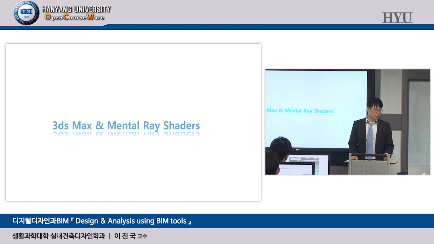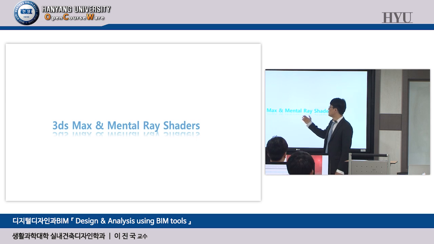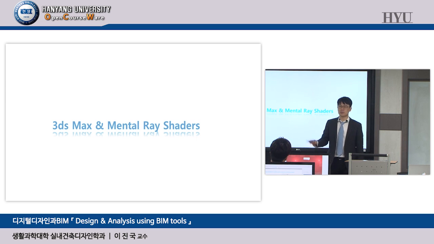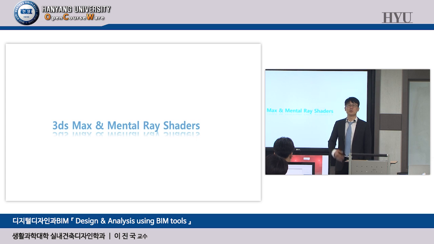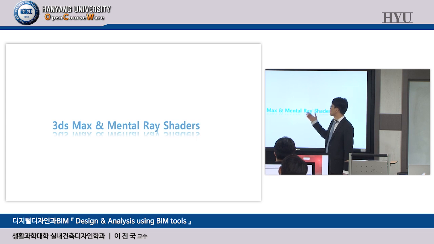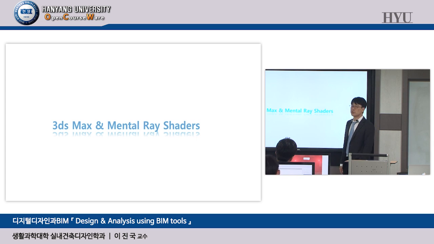Also, we have learned some 3D Max Mental Ray shaders, including today's lab exercise. Even if we postpone the lab exercise to next week, there are a number of presets in Autodesk material. Last semester, we learned lots of techniques with Autodesk predefined material presets, but this semester, we need to look at Mental Ray shaders.